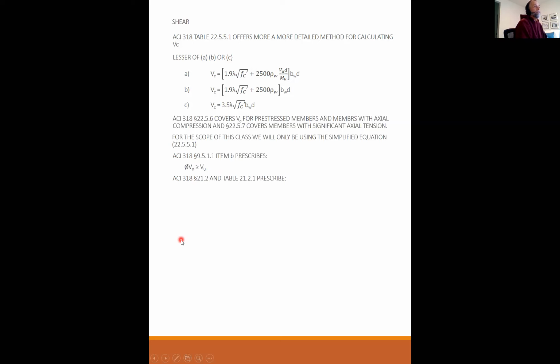ACI 318, 21.2, and table 21.2.1 prescribe that phi is equal to 0.75 for shear. It was 0.9 for flexure, it's 0.75 for shear. Any guesses why? Why is it such a penalty on the shear design?